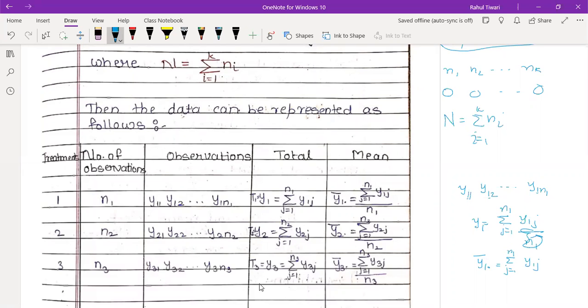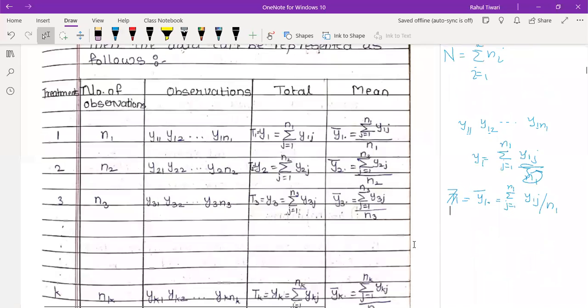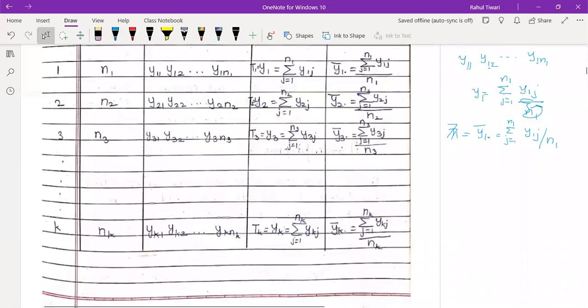This is also called t1 bar, but generally you can call it y1 bar. Similarly, you can get y2 bar, y3 bar, and so on up to yk bar with the usual formula.